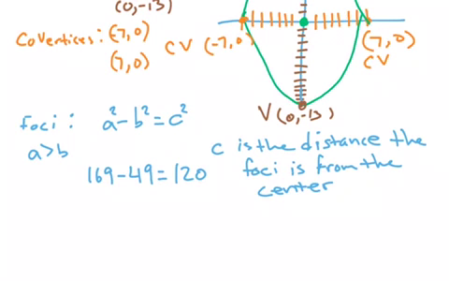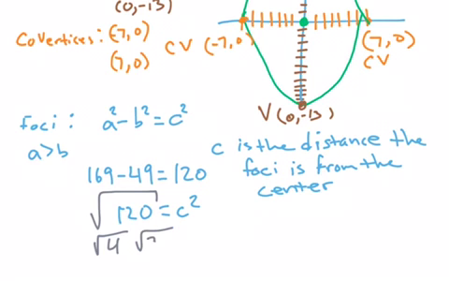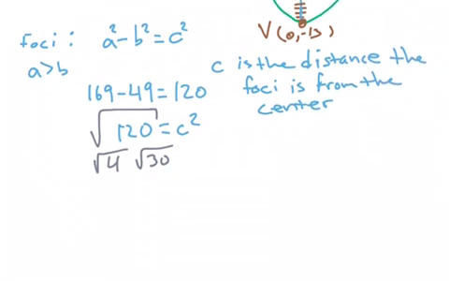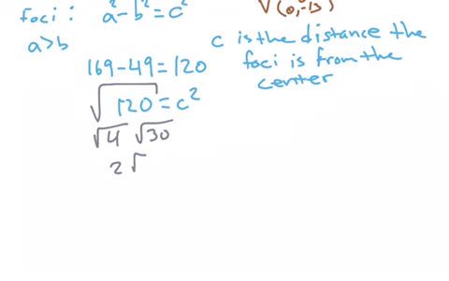And so what I can say now is that 120 is equal to c squared. If I square root this, 120 breaks down to the square root of 4 times the square root of 30, which becomes 2 square root 30. Okay, so what does this tell me? The 2 square root 30 means that from the center, it's 2 square root 30.